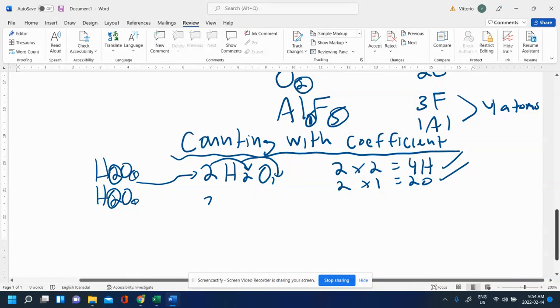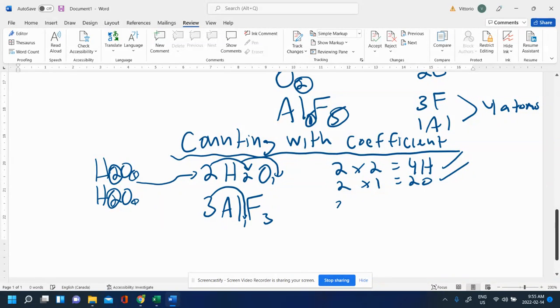So let's say, for example, we have 3AlF3. For aluminums, I'll do 3 times, don't forget there's a 1 there. So 3 times 1 gives me 3 aluminums. And then 3 times 3 gives me 9 fluorines.